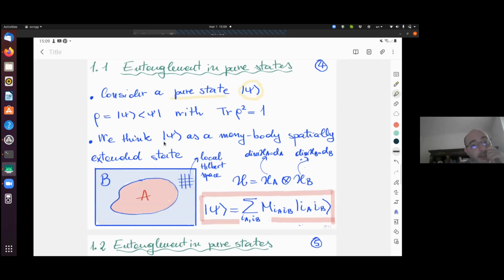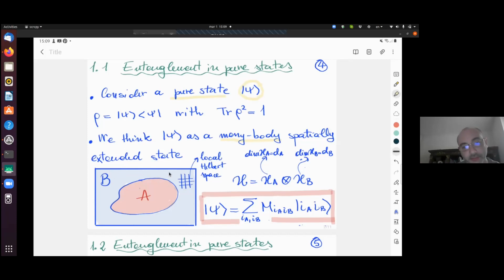The physical context is that this wave function is a many-body, spatially extended state. It might contain many particles, 1, 2, 3, etc. There is a notion of locality, so it is spatially extended in real space.